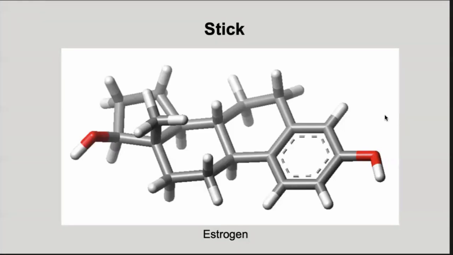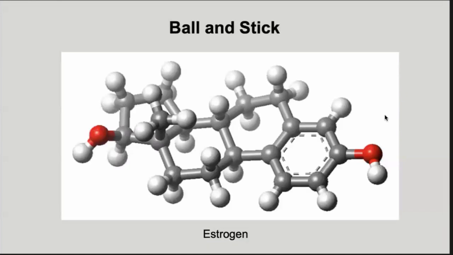Another slight variation on the wireframe and stick model is the ball and stick model. The only difference here is it's got the same sticks, the same three-dimensional tubes, but now we've added small spheres to represent the location of the atoms that are bonded to one another.